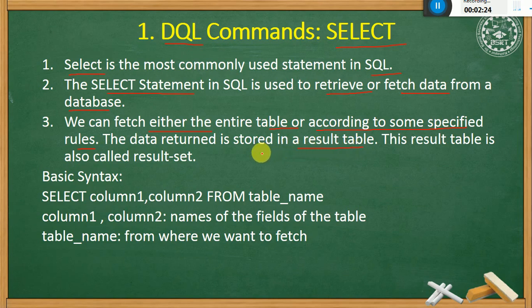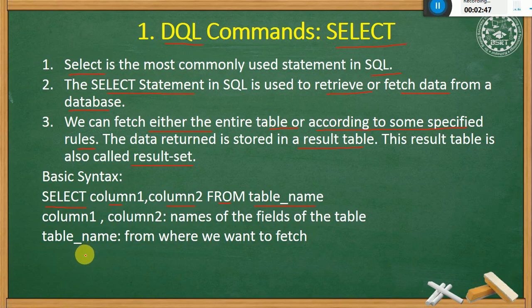The result which is fetched by the select statement is called a result set. So the outcome of select is called a result set. The basic syntax of select is: select, then the column names which you want to display in the result set, from table name.